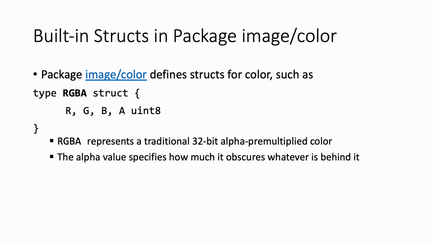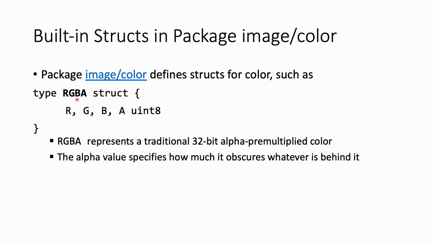Another package related to the package image is the package image/color. This package defines structs for color, such as the RGBA struct, which has 4 fields R, G, B, A of type uint8.